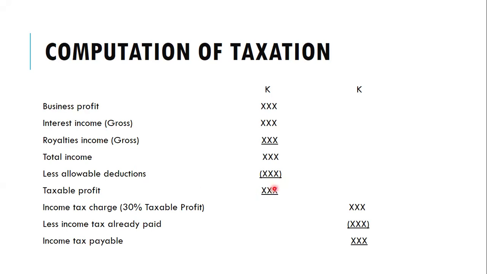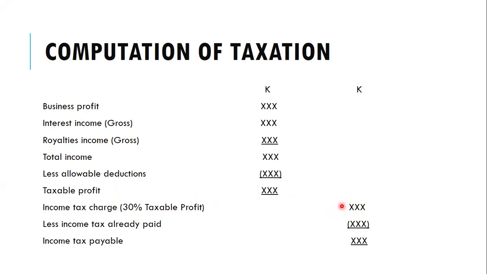Then after you have the taxable profit, you need to charge 30%. I don't know if it's 30% now, but we have to check the taxation paper. That's where we're going to find whether the tax rate is 30%. But for now, we're going to work with this 30%. So you charge 30% to taxable profit, and you're going to have the income tax.